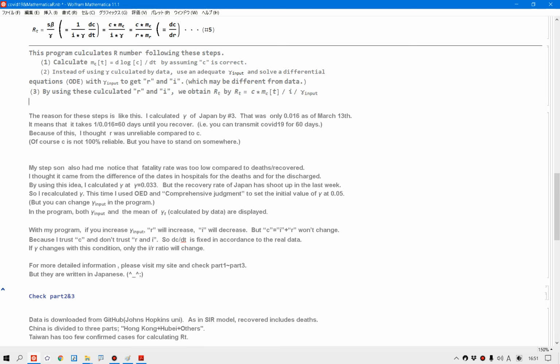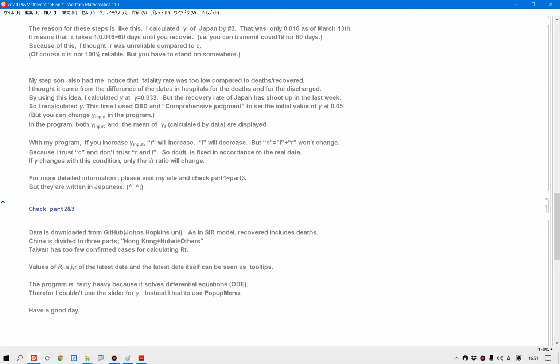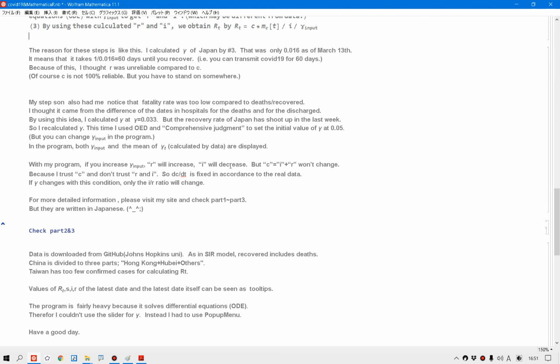So in the program, the initial value of gamma is 0.5, but you can change gamma in the program. With my program, if you increase gamma input, R will increase because gamma is the speed of recovery.